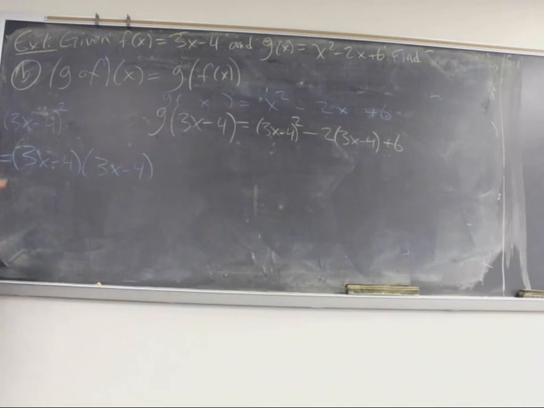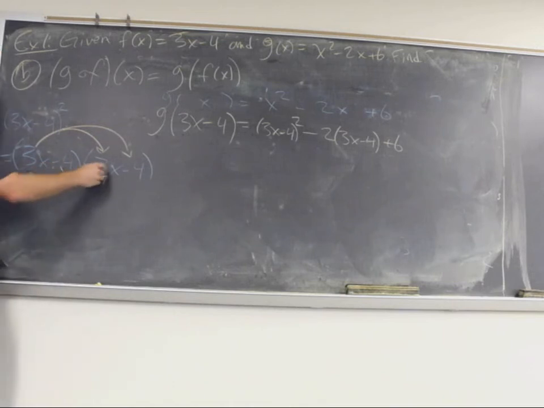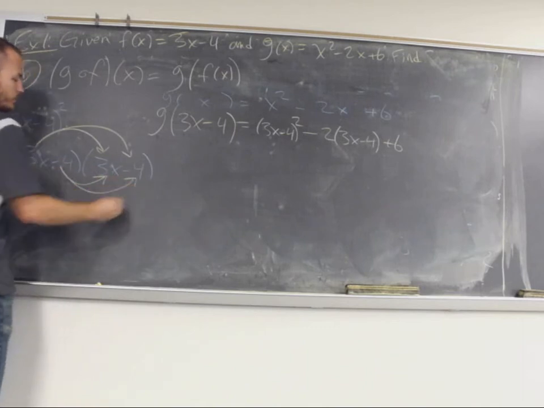Now you have to take each term on the left here and multiply it to each term over there. And it's easy. It's simple. You just have to practice at it and work at it. So take this first one, the 3x, and you want to multiply it to the 3x over here and the minus 4. And that's it. Then you move on to this minus 4 and you multiply it to each term over here. So you multiply the minus 4 to the 3x and the minus 4 to the minus 4.